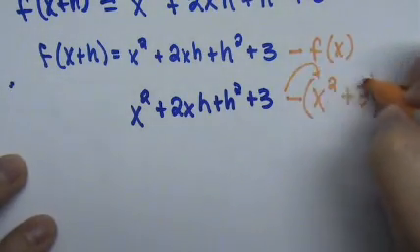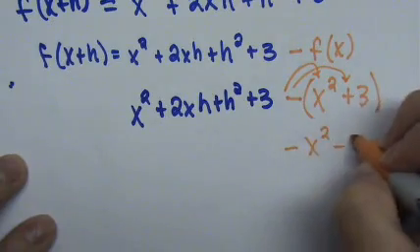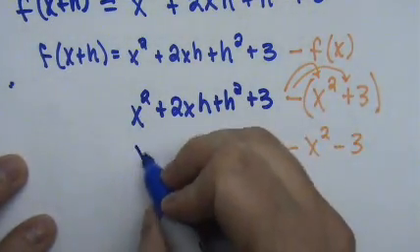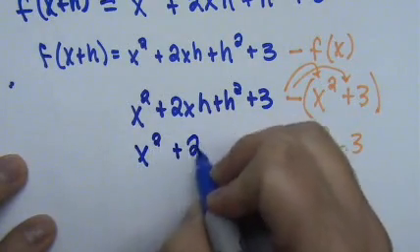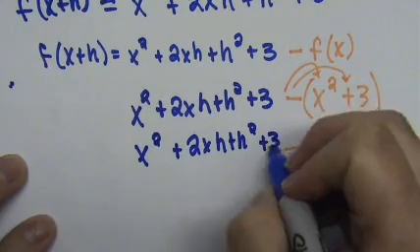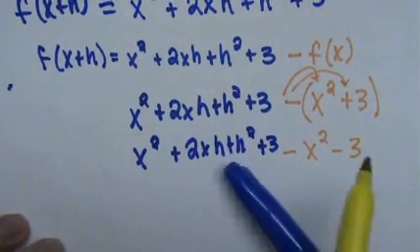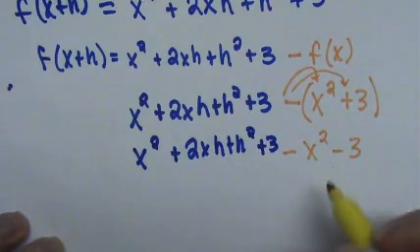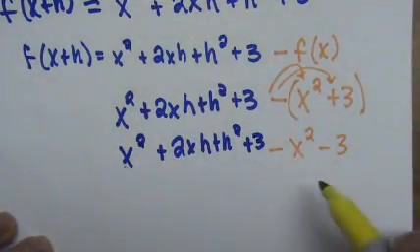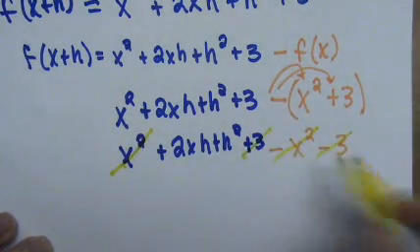Distribute the negative. Get negative x squared minus 3. Bring down the rest of this f of x plus h. Okay. That plus sign sort of looks like a T, but it's not. Let's cancel out what will. We have plus an x squared and minus an x squared. They'll go away. Plus a 3, minus a 3.